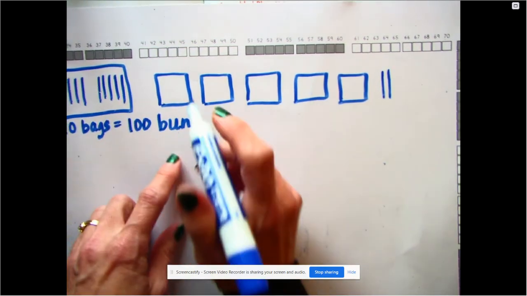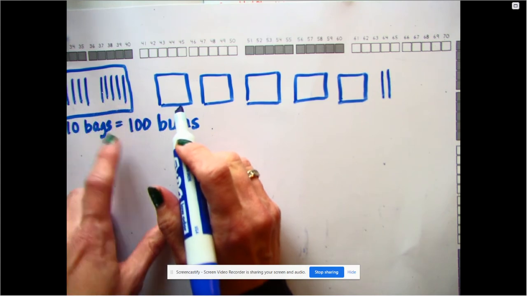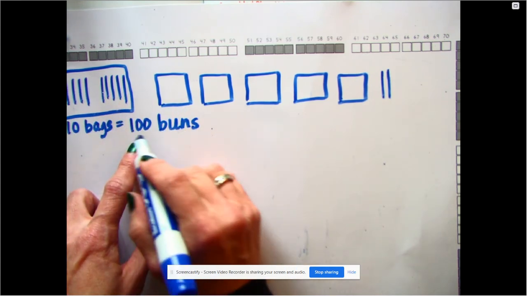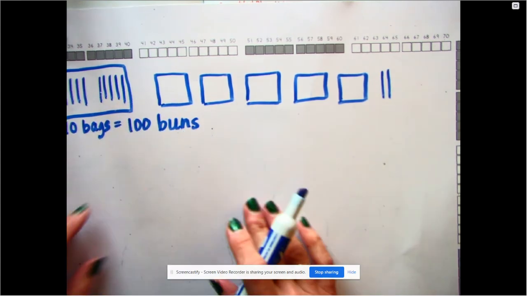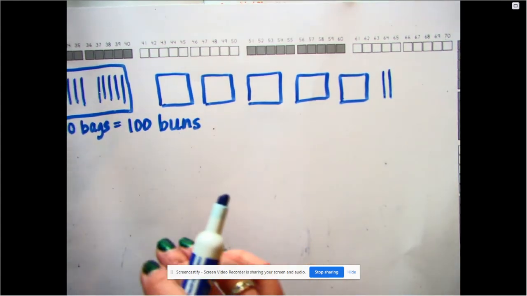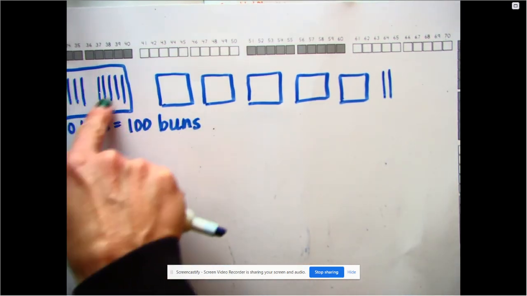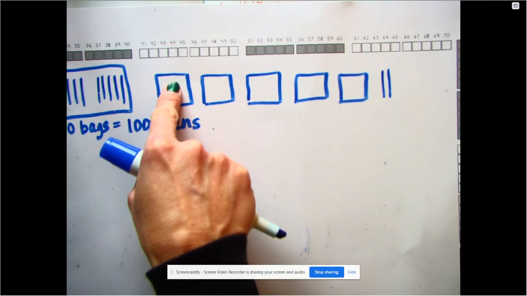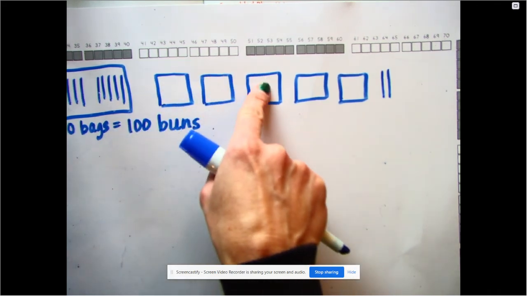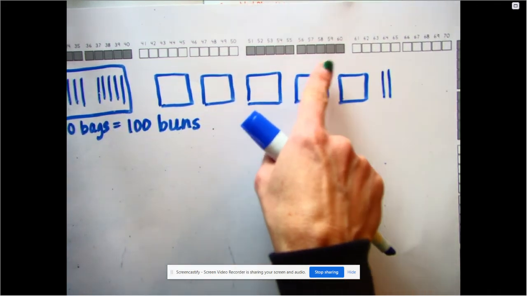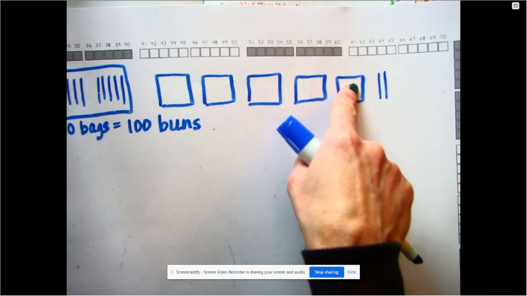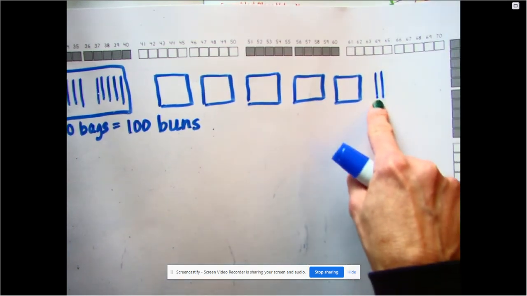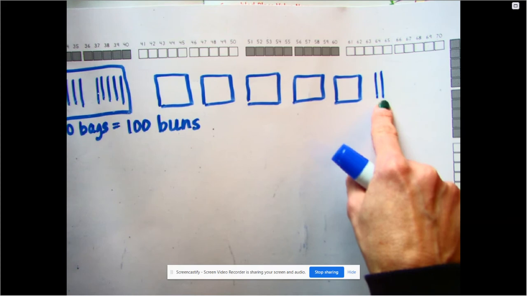I know that there's 10 bags, but that also means there's 100 buns, right? So how many buns do I have altogether? 100, 200, 300, 400, 500, 600, plus 10 more, plus 10 more.